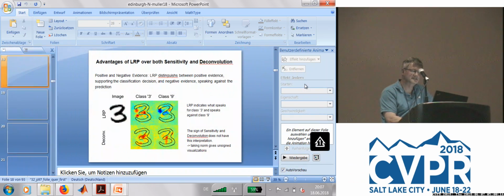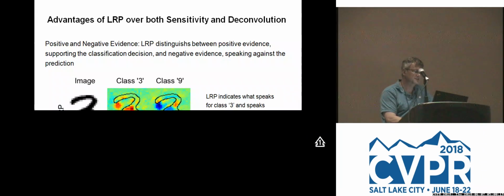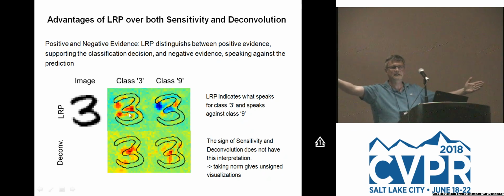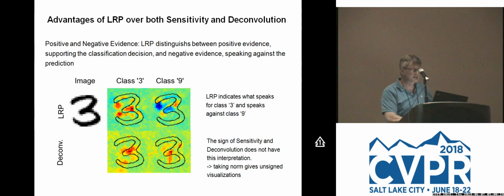Here is the image. You classify this as a 3, but there are also 9 other classes. Then you can ask, what is the relevance for this being a 9?